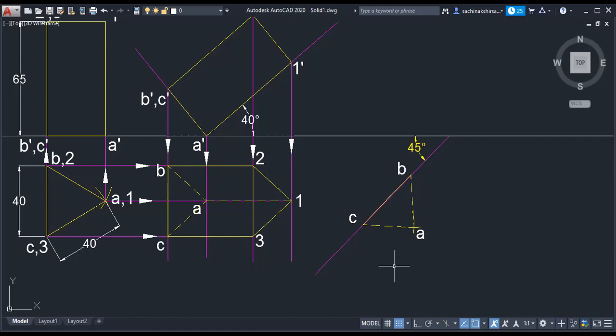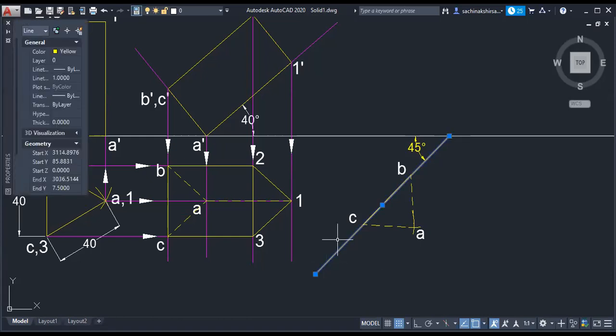From B and C, take distance. But how do we have to draw the line from B and C? How will it be perpendicular to the 45 degree? Perpendicular. You can draw one line perpendicular to the 45 degree.